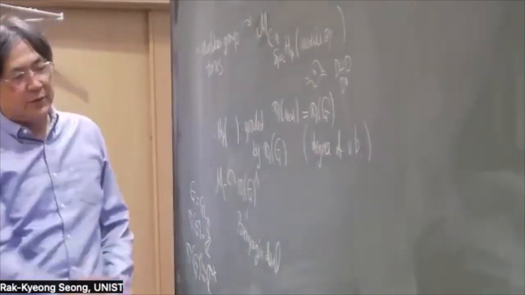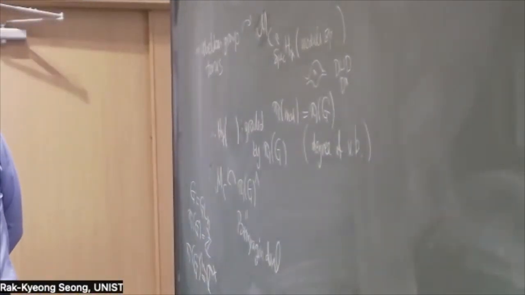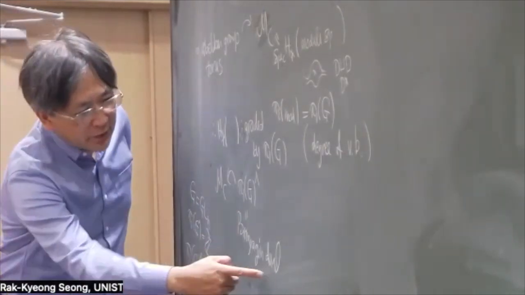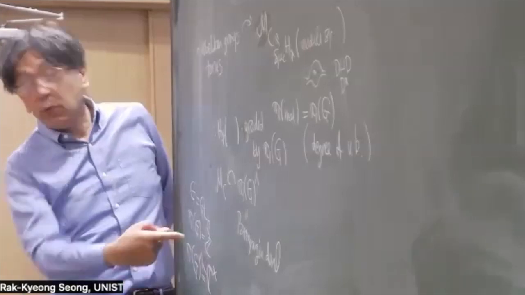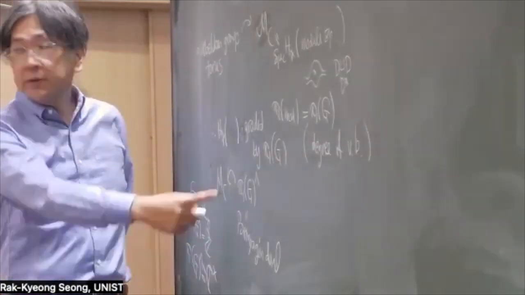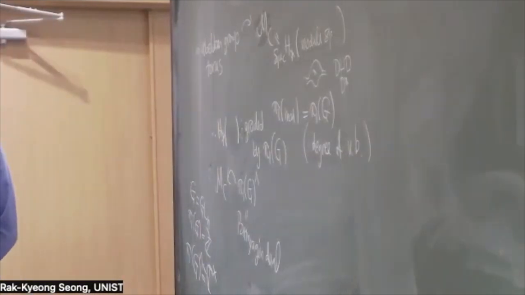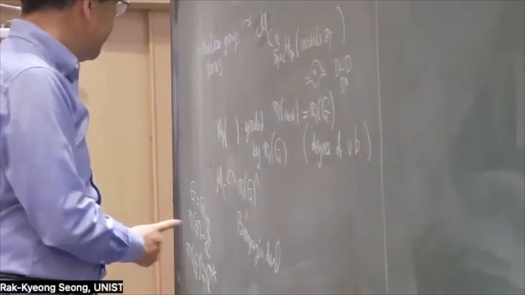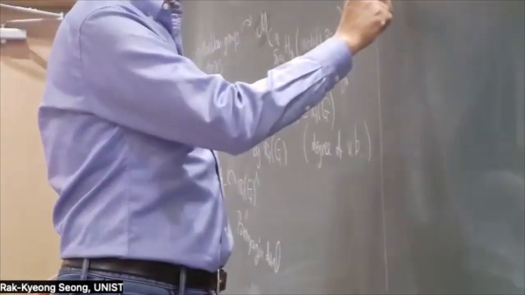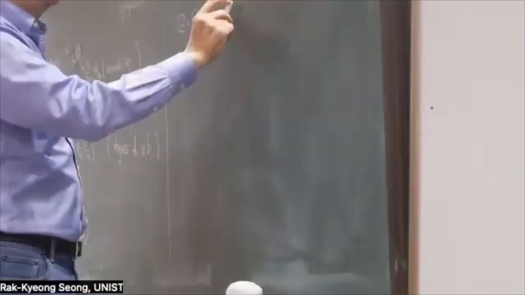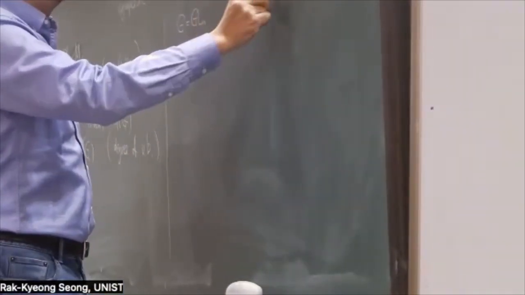In general, the Pontryagin dual is always an abelian group. And in this case, if G is GLN, I have an action of C star.